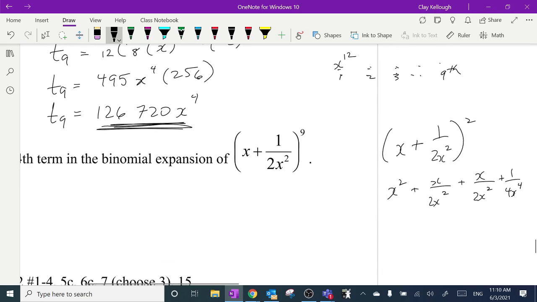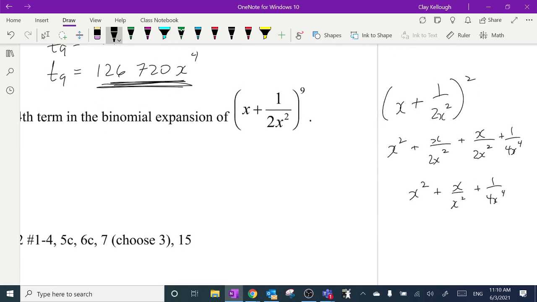So there we go. There's my expansion for squared. It'd be x squared plus, okay, the denominators are the same, and when I add them, it'd be 2, so that'd be x over x squared plus 1 over 4x to the 4. And then, of course, x divided by x squared is just 1 over x. Look at how much work it took me just to square it.